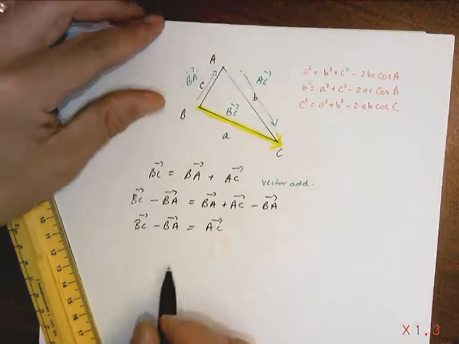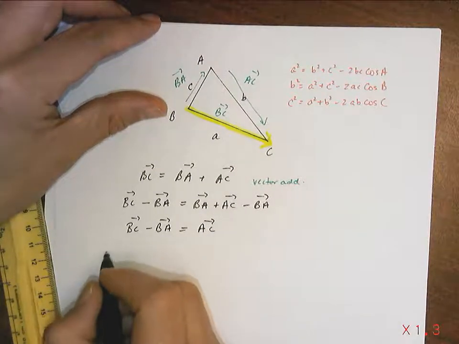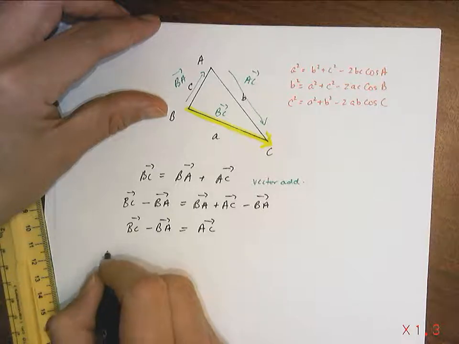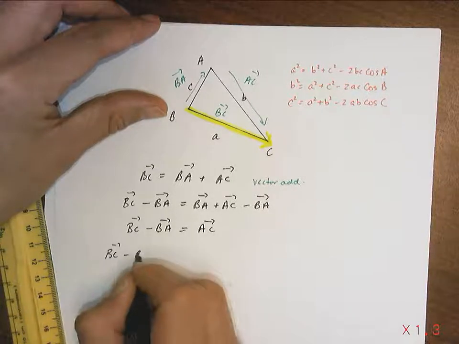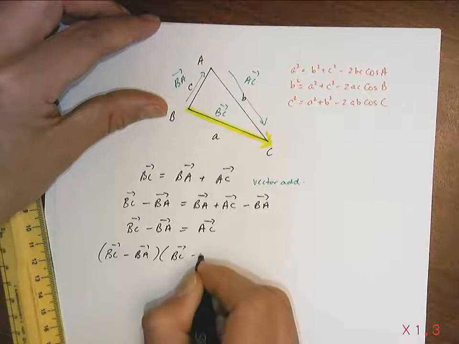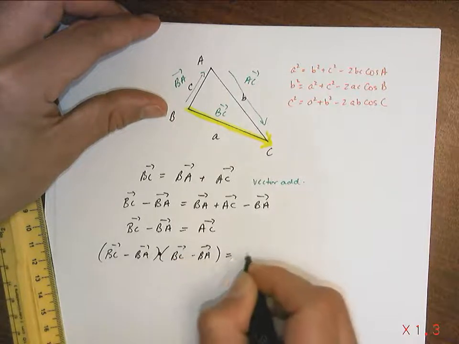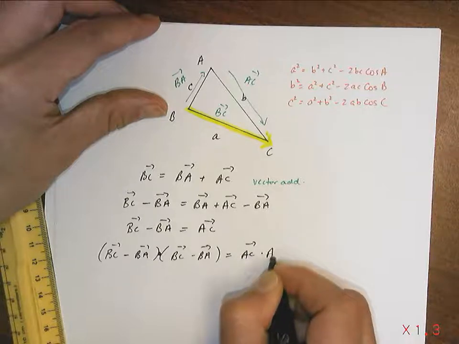Now the next part I'm going to do is what we were doing in class. I'm going to square both sides per se. I'm going to take the dot product of both sides. So I'm going to take the dot product of this side with itself, and I'm going to take the dot product of the other side with itself.